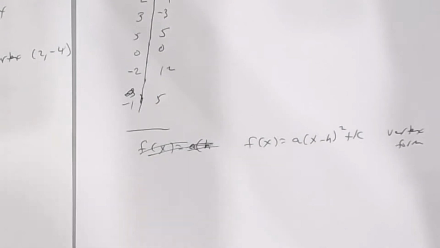So vertex form is always in the form a times x minus h squared plus k.